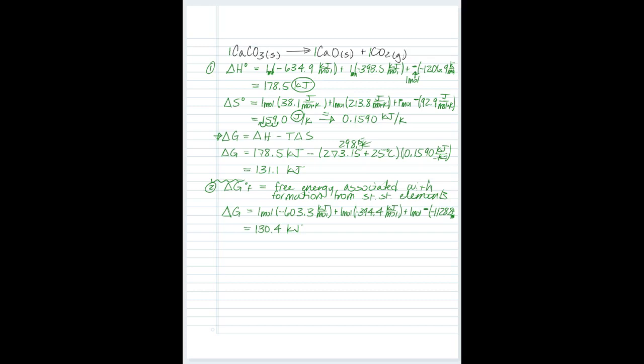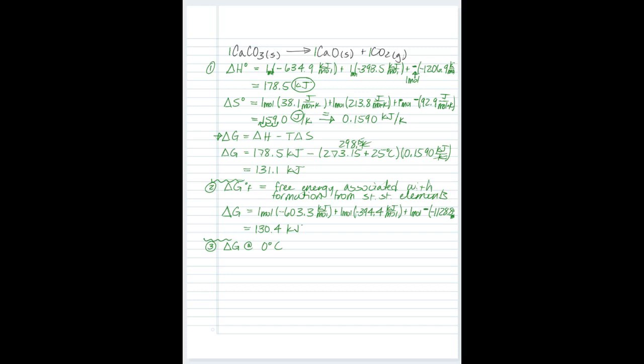So the third thing that I want to do is calculate delta G at a different temperature than 25 degrees Celsius. So I'm going to say delta G, what if it's 0 degrees Celsius instead of 25 degrees Celsius?